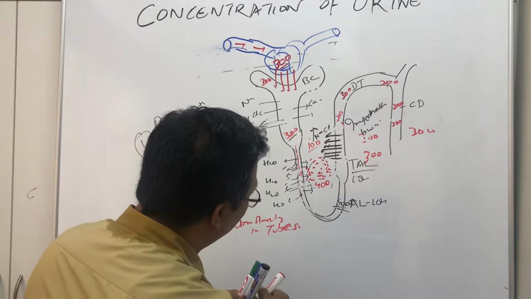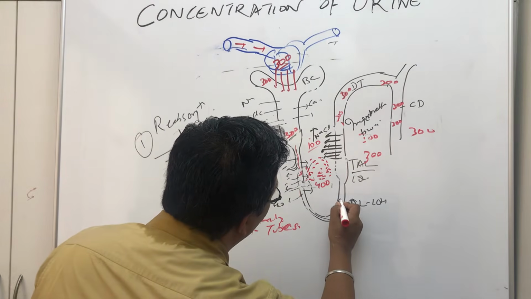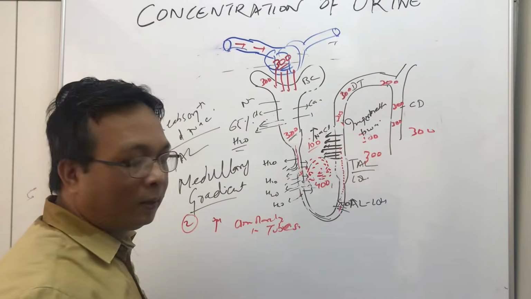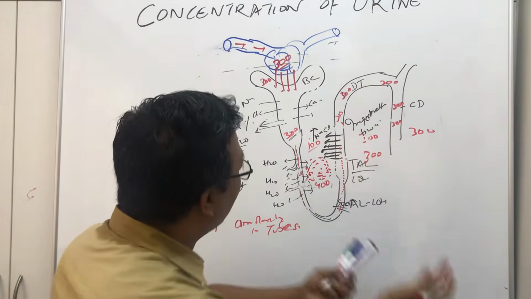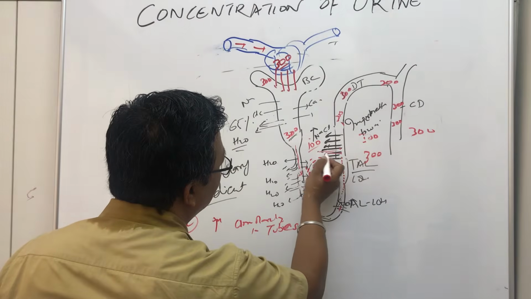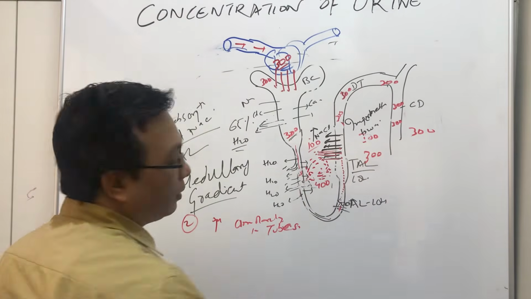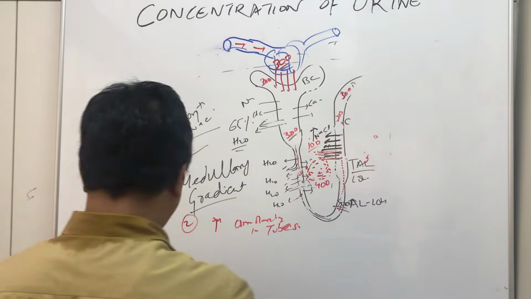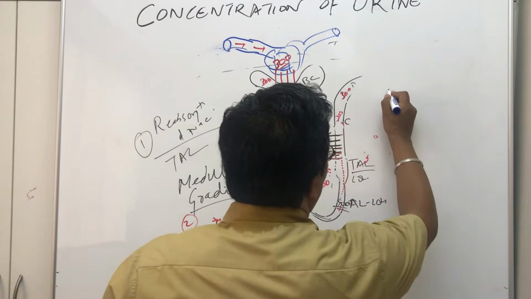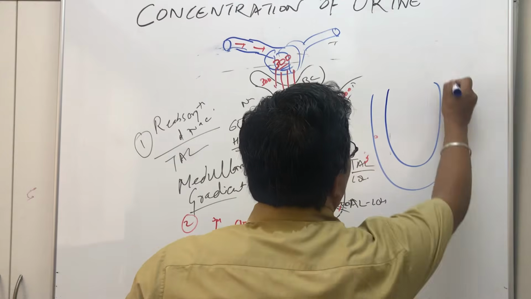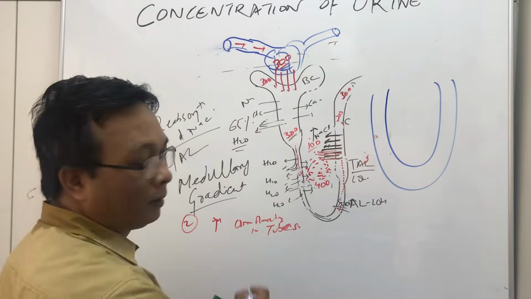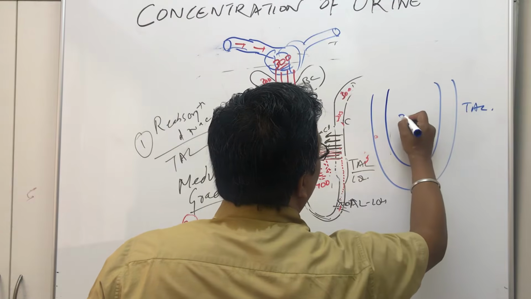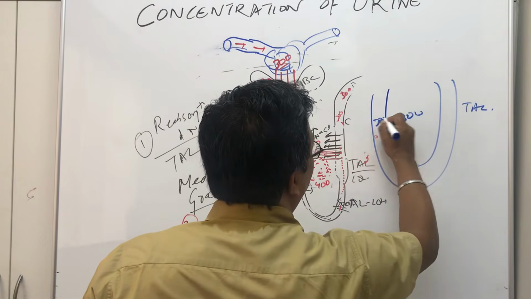Now this same 400 concentration will move up. It will be pushed up, and when it reaches the thick ascending limb, again 100 is reabsorbed. So this is the tube, this is the loop of Henle, and this is the thick ascending limb. This is 300, 300, 300.